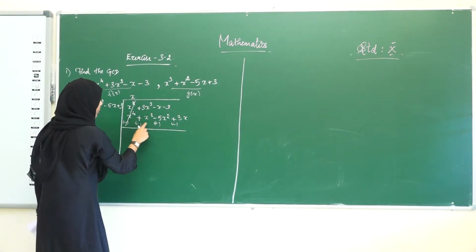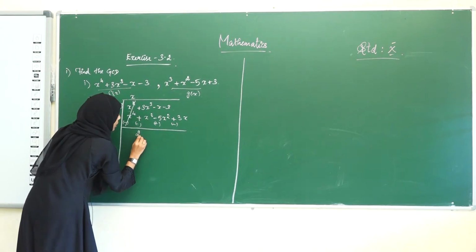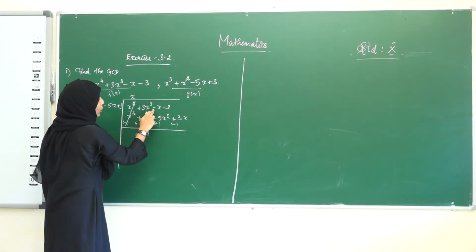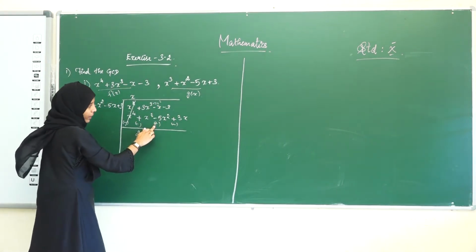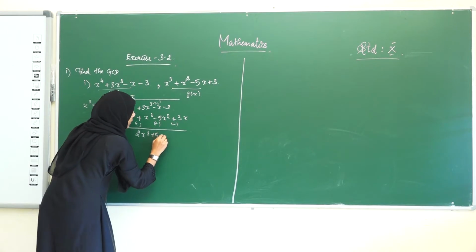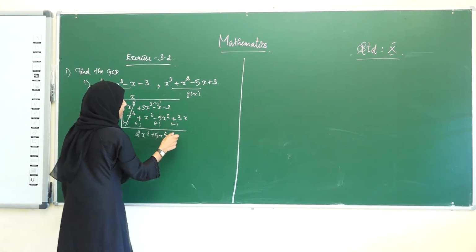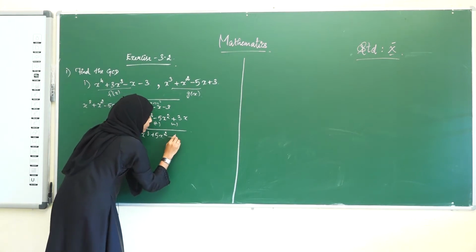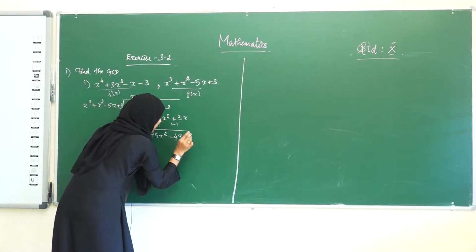Here 3x cube becomes minus x cube, the answer is 2x cube. Here we don't have an x square term, so plus 0x square, and it becomes plus 5x square. Then the x term, minus x and minus 3x, adding that comes minus 4x and then minus 3.